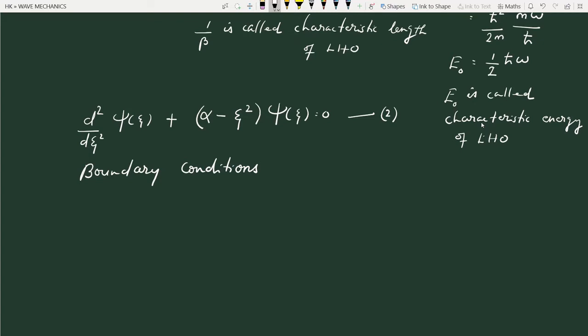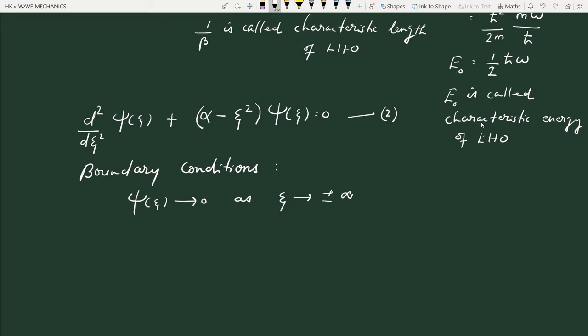Here the boundary condition is simply this: the wave function psi theta should go to 0 as theta goes to plus or minus infinity. Now the wave function is expressed in terms of theta, the dimensionless variable. So at the two boundaries, plus infinity and minus infinity, the wave function should go to 0.